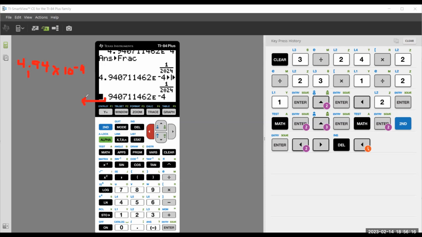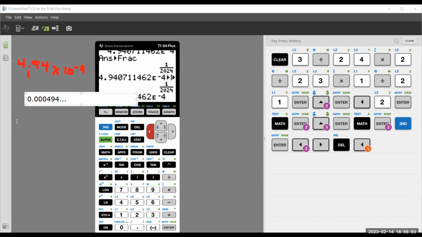Keep in mind that doesn't mean you put 4 zeros in front of this. It means you move this decimal 4 times. So it actually means that you get this answer: 0.00049 and so forth, right? Correct. There are more digits after, so I'm just going to put dots.